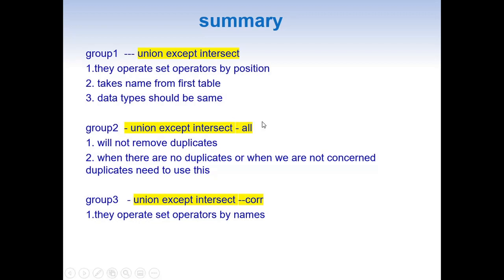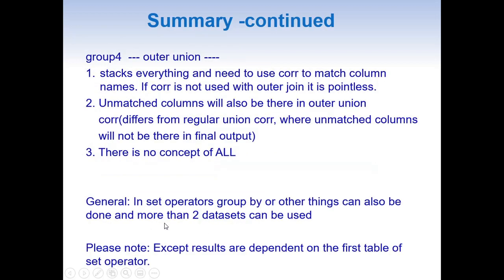Whereas when we use the all keyword along with them, that is in my group 2, they will not remove duplicates. When you do not have any problem with duplicates, you should always use the all keyword because it's more efficient. Corr operates with variable names. Now let's look into group 4. Group 4 is about outer union.